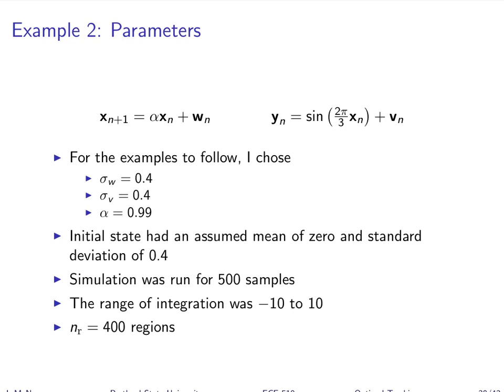Another reason for choosing 400 regions, another way that I could have justified that design decision, is that I'm going to be displaying the PDF as a pseudocolored image, and this projector is pretty poor quality. And if I had used more than 400 regions, then you're basically talking about 400 pixels, and that projector can't do much more than 400 pixels.